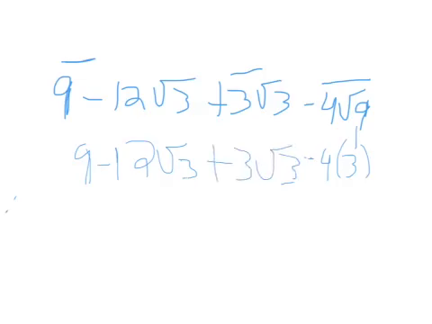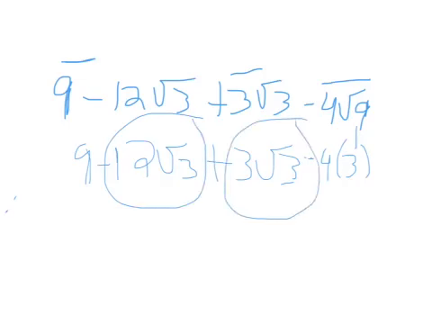And now I can go ahead and start combining like terms. So negative 12 radical 3 and 3 radical 3.